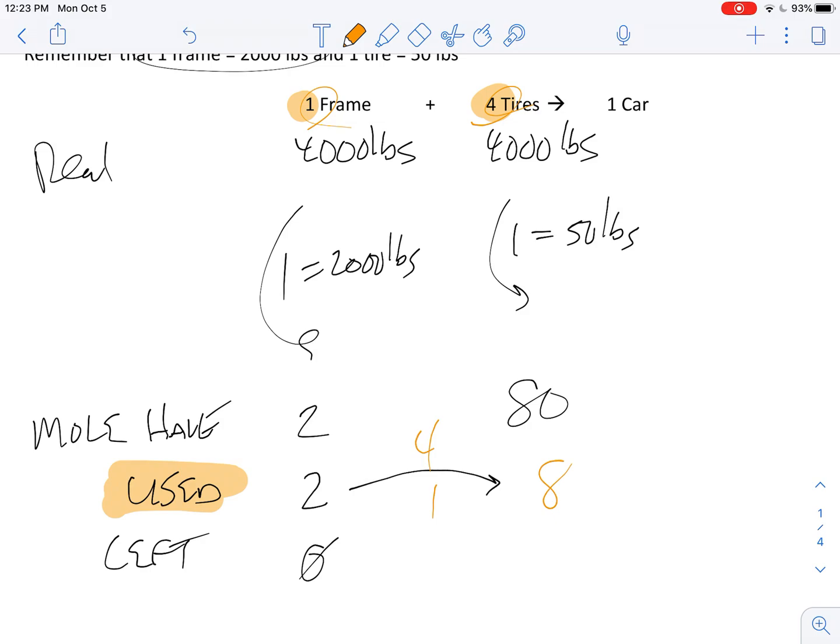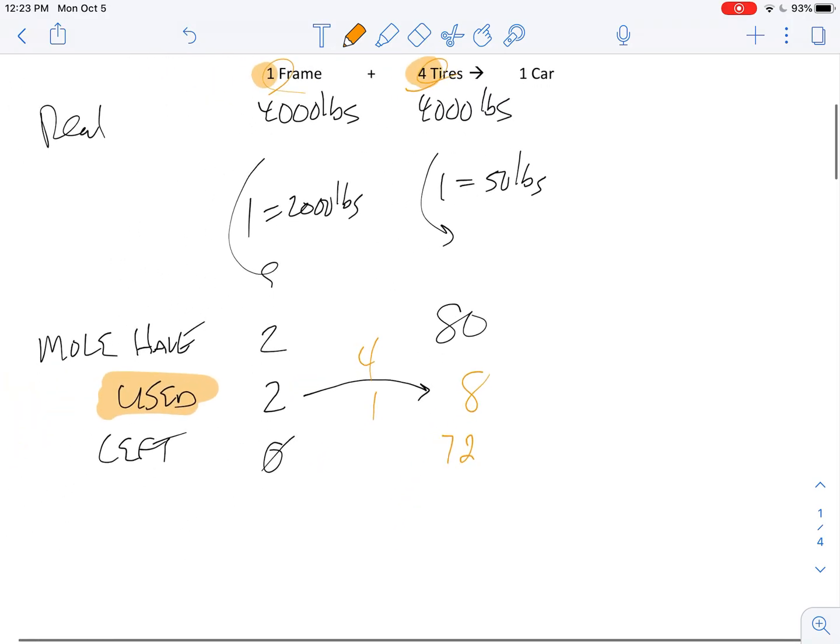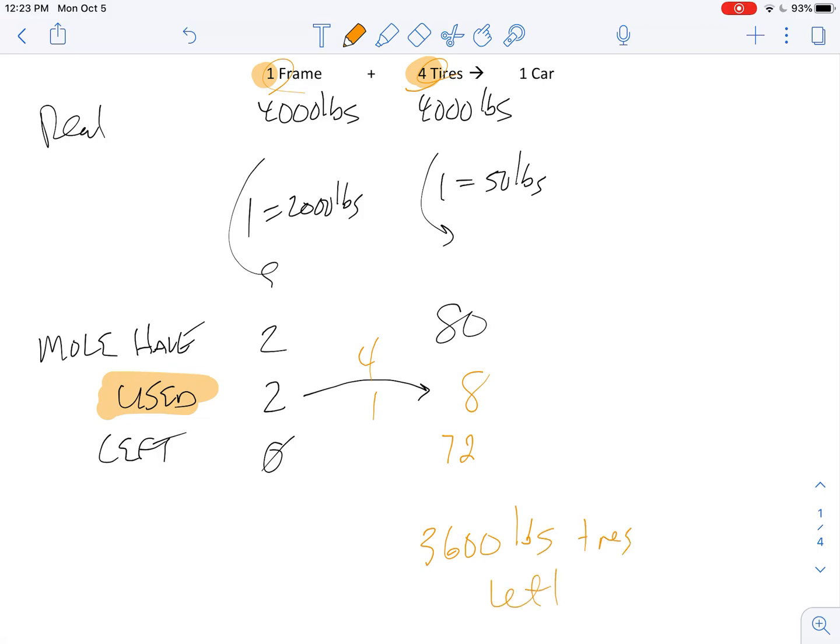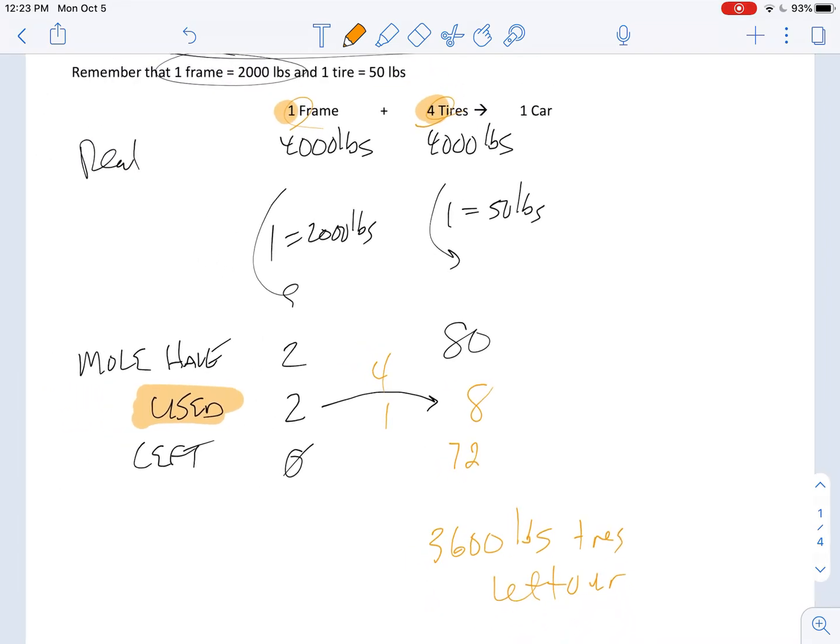If I start with 80 and I use 8, then I'm going to have 72 tires left over. 72 at 50 is 3,600 pounds of tires that are left over, because I couldn't use all of those tires. I could only use 8 tires, right?